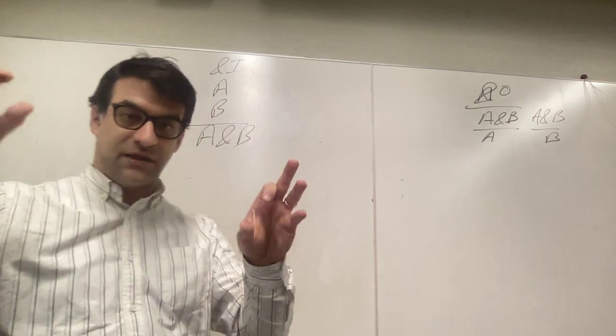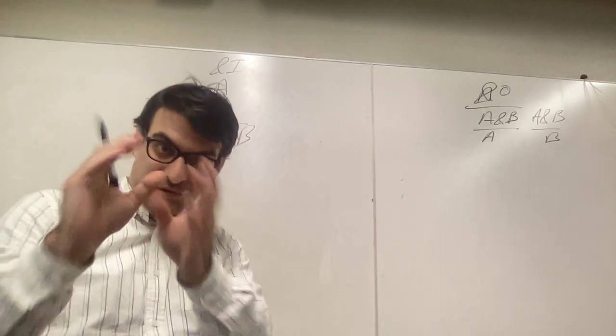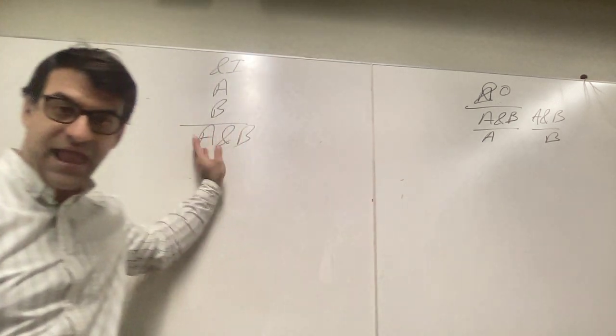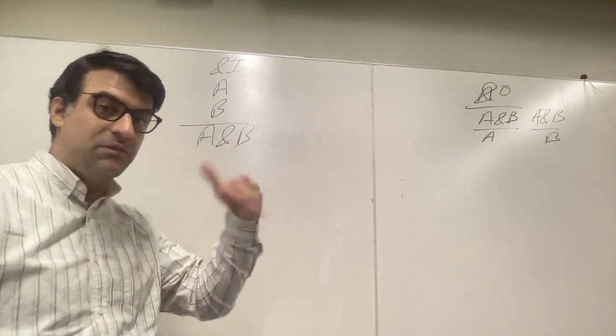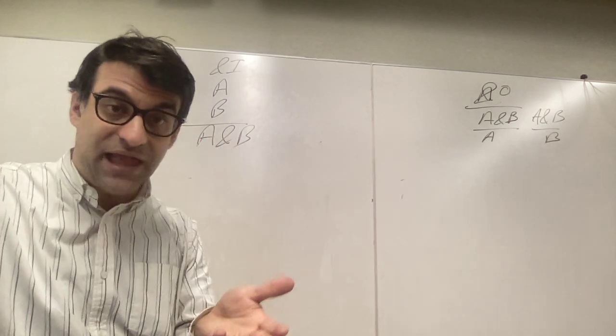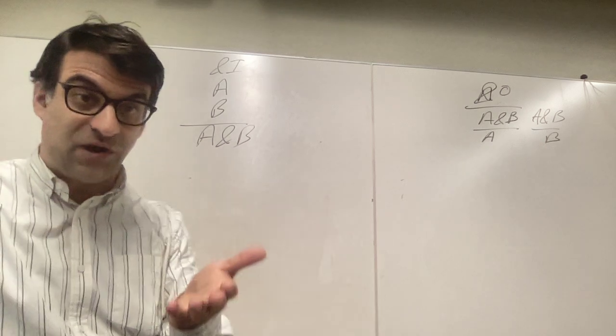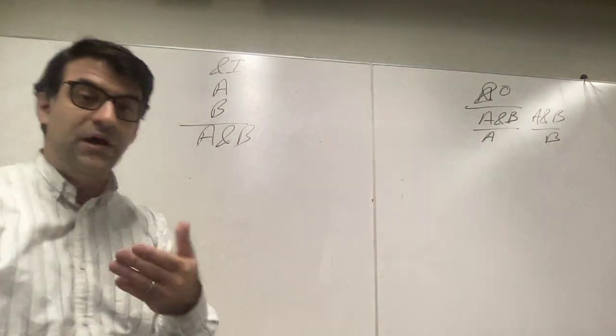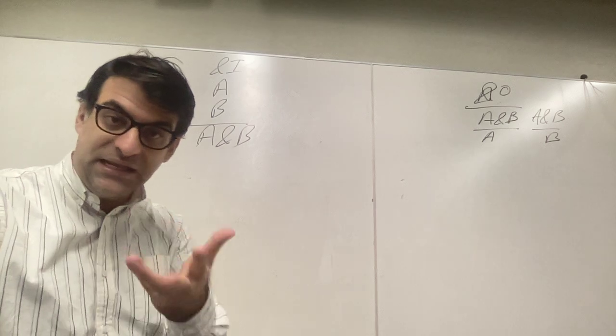Take line 1, take line 5, put them both in parentheses, put an and in the middle, boom, you have the and in rule, okay? It can be very flexible. You, of course, don't need to do that for a lot of lines, but you can do it for any two lines. So it's especially important if you end up needing a conjunction.